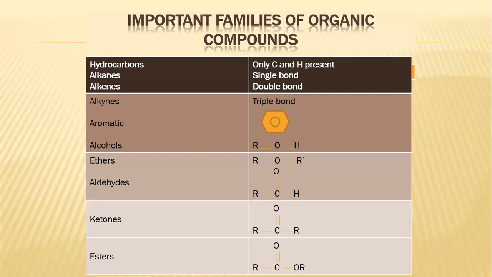Now coming to the next one. As I've told you, the carbonyl compounds are divided into two types. One is aldehydes. The second carbonyl compound is ketones. You can see the difference between these two. Here it is RCOH. Here you have RCOR. That is ketone.